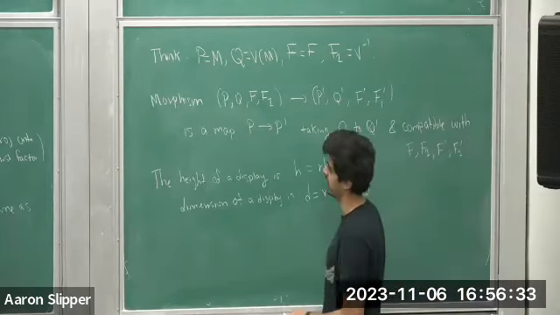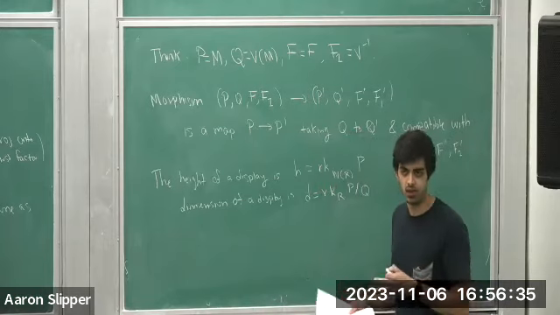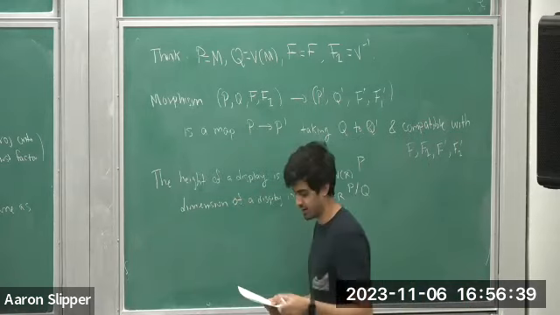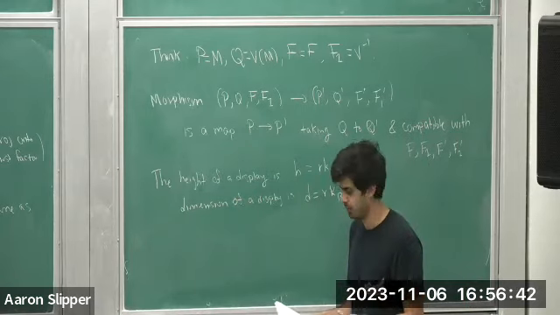And so I also just want to say that there is a natural notion of base change of displays with respect to ring morphisms. But I'm not going to write it out because it's a little bit cumbersome.